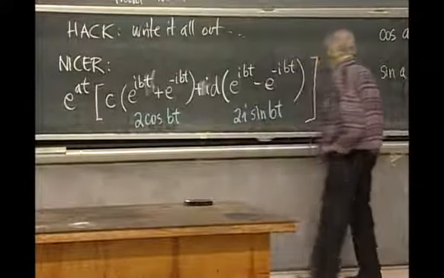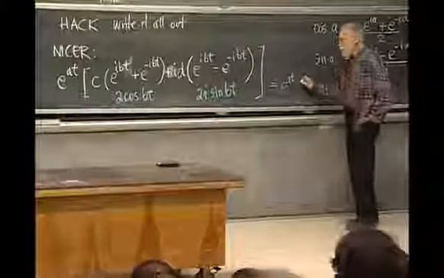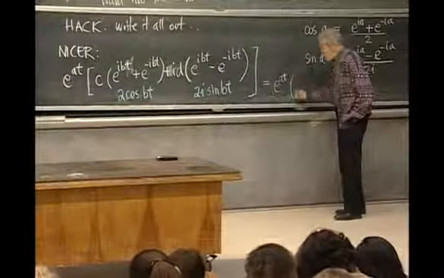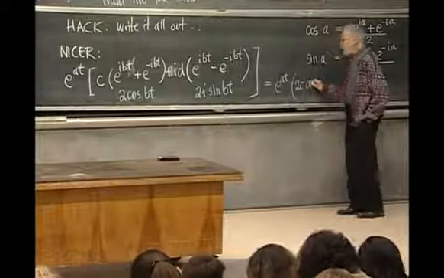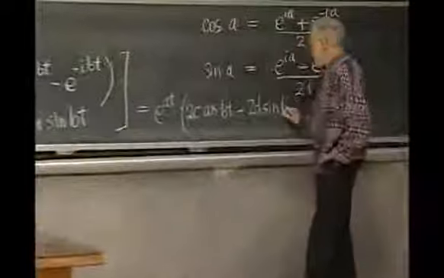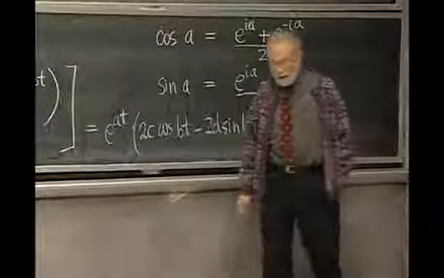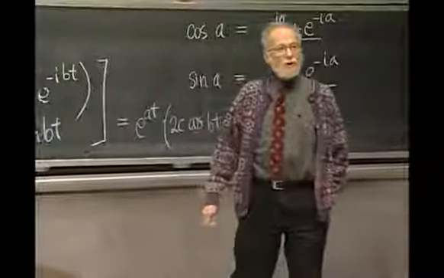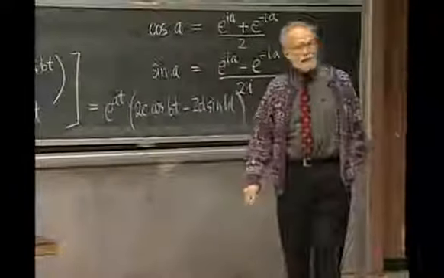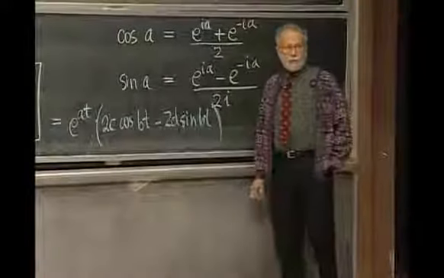Shall I write that out? So in other words, it's e to the at times (2c cosine bt minus 2d sine bt). Since 2c and negative 2d are just arbitrary constants, just as arbitrary as c and d themselves are, this is our old form of writing the real solution.